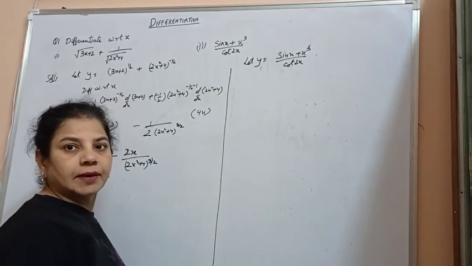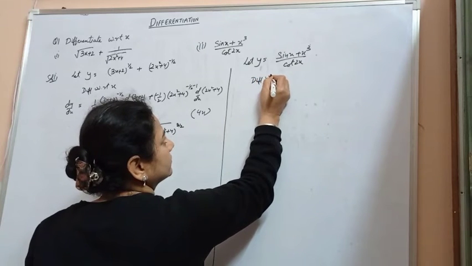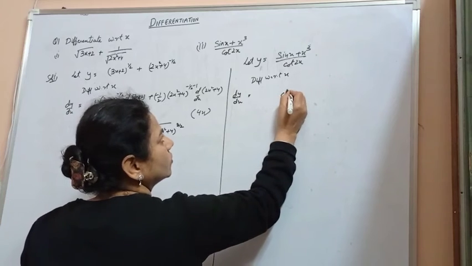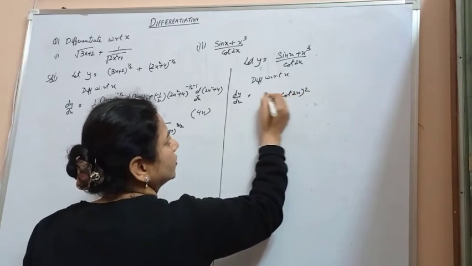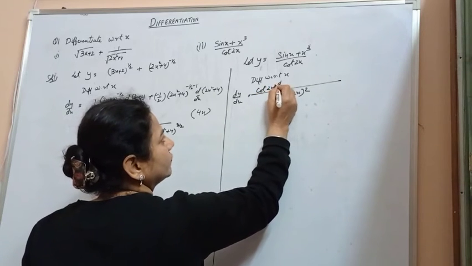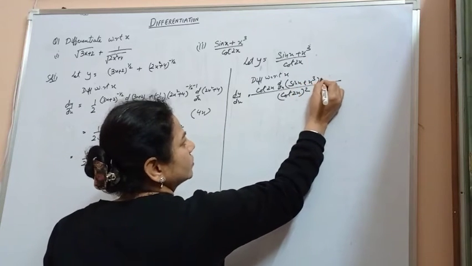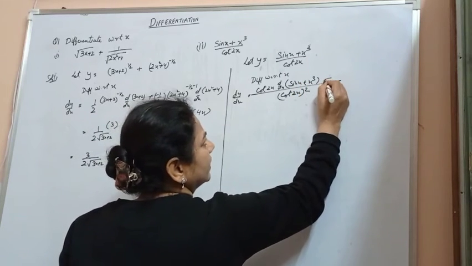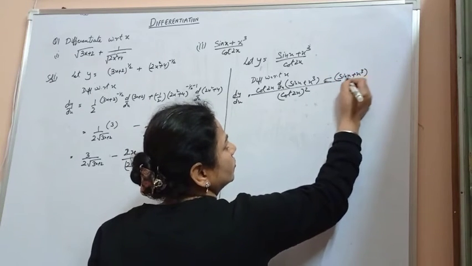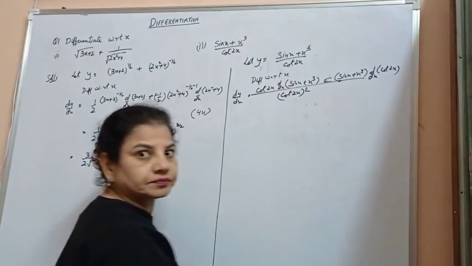So here I have applied the quotient rule by differentiating with respect to x. dy by dx is equal to (cot 2x) whole square in the denominator, into the denominator times the derivative of the numerator (sin x plus x cube), minus the numerator (sin x plus x cube) into the derivative of the denominator cot 2x.